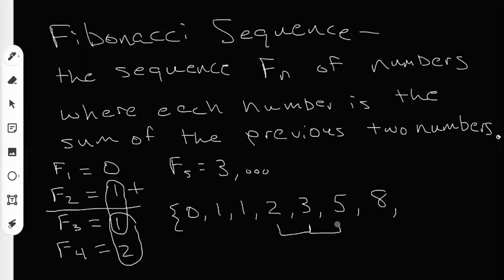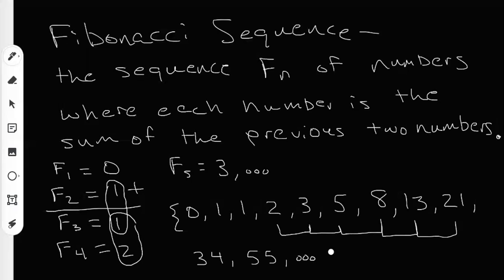And then 5 plus 8 is going to give me 13. 8 plus 13 is going to give me 21. 13 plus 21 is going to give me 34. And then if I add 21 and 34, that's going to give me 55, and so on and so forth. So I'm adding up the last two numbers.